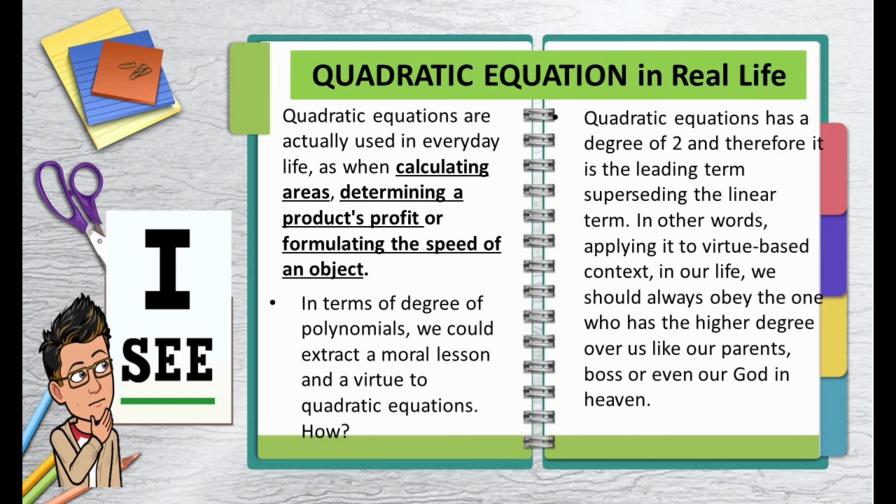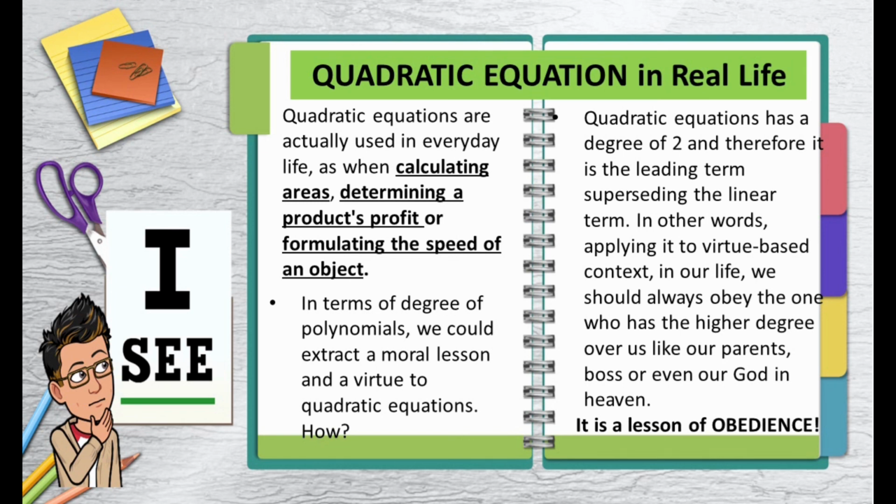Quadratic equations have a degree of 2, and therefore, it is the leading term superseding the linear term. In other words, applying it to a virtue-based context, in our life, we should always obey the one who has the highest degree over us, like our parents, our boss, or even our God in heaven.